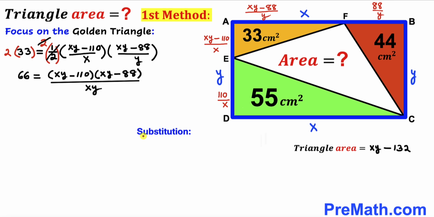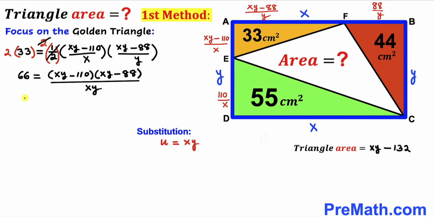And now I'm going to do the substitution to make our job simple. I'm going to label x times y as u. So therefore I can write u equals x times y.